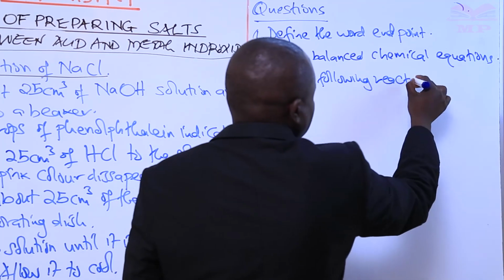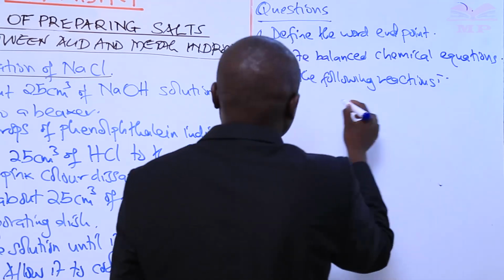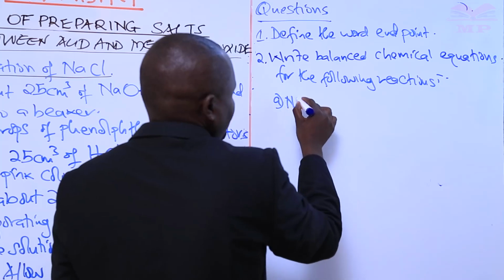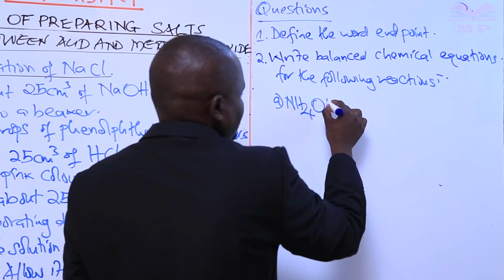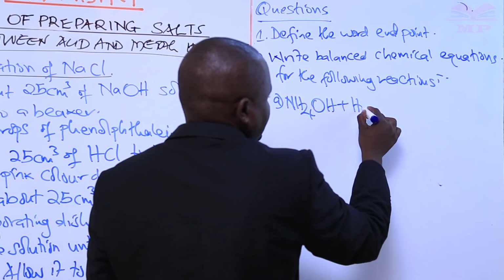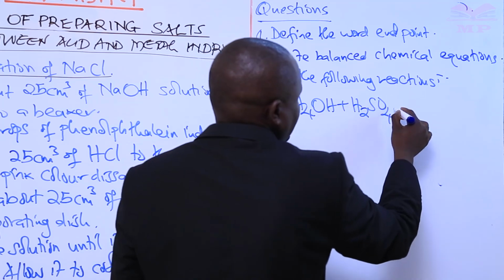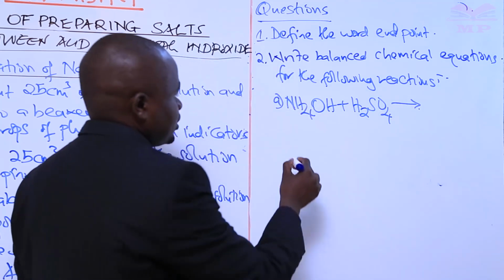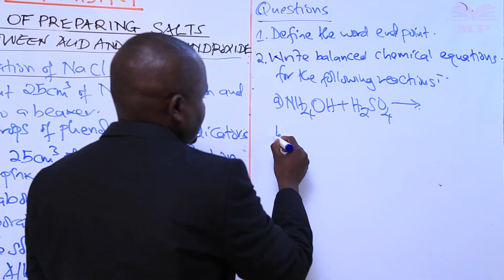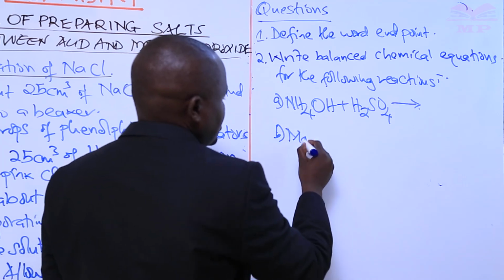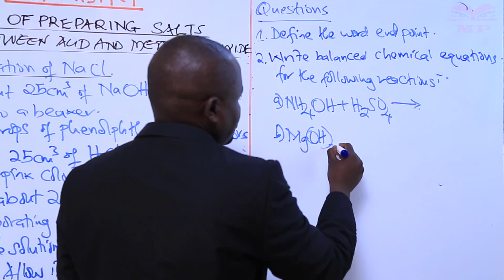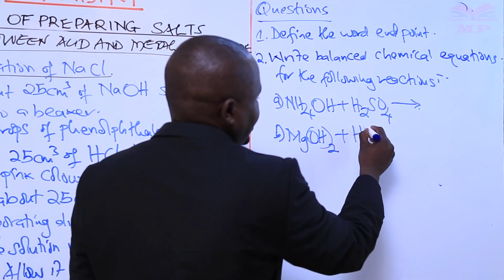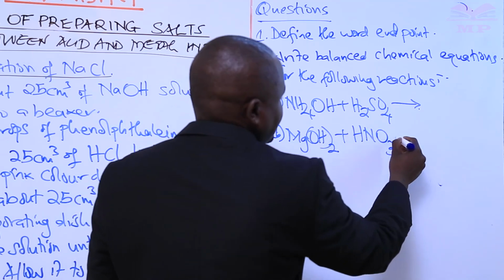The first one is ammonium hydroxide plus sulfuric acid. Get the products. The next one is magnesium hydroxide plus nitric acid.